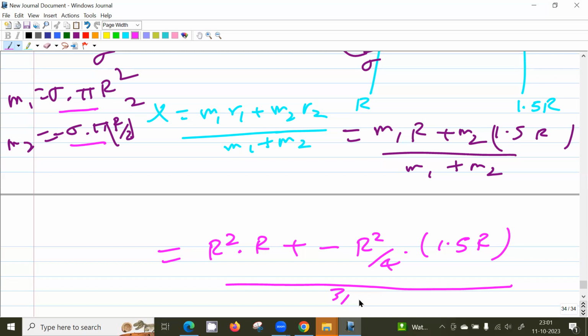So when I is increasing, omega will decrease as the product is constant because L is conserved. So when the arm is stretched out, this person's speed will reduce. When the arm is brought nearer to this person, then I is decreasing, so omega will increase. So this is conservation of angular momentum.